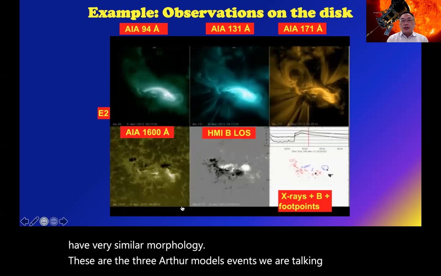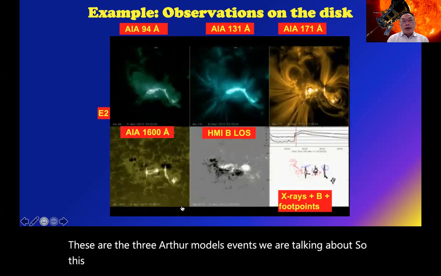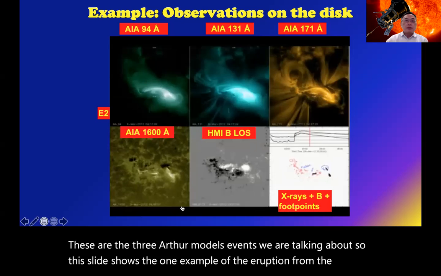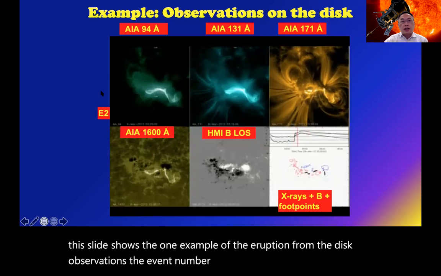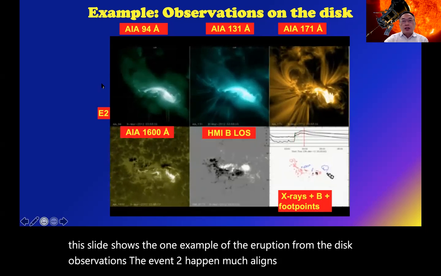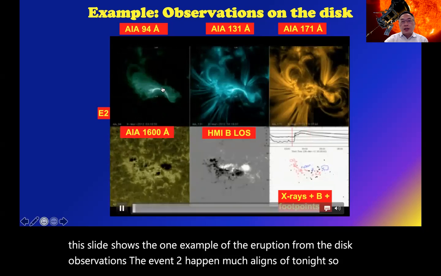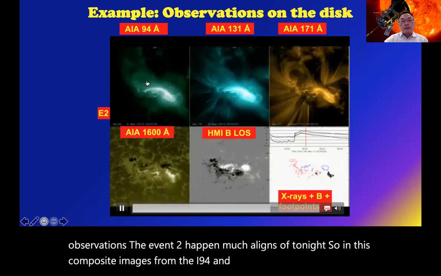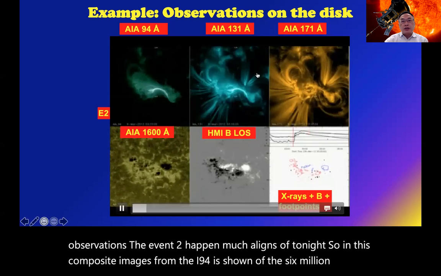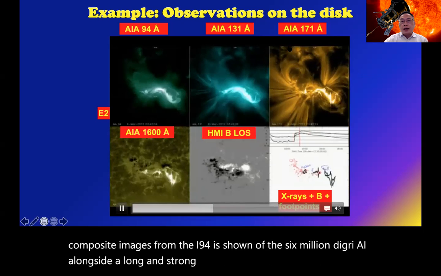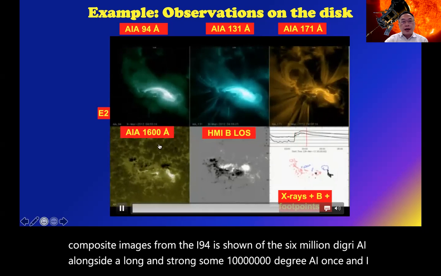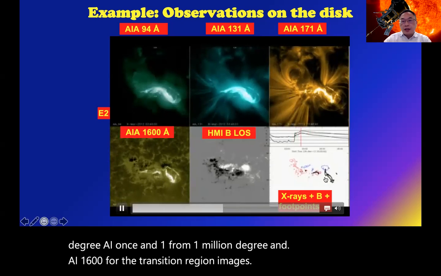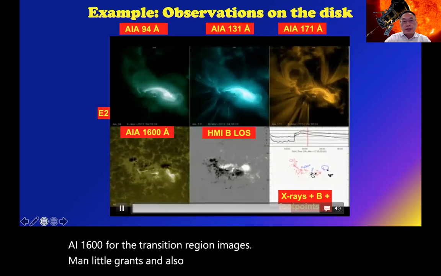So this slide shows one example of the eruption from the disk observations. Event number 2 happened on March 9th of 2012. These are composite images from AIA 94 angstrom at 6 million degrees, AIA 131 angstrom at 10 million degrees, AIA 171 at 1 million degrees, and AIA 1600 for the transition region, along with magnetograms, X-rays, and the ribbons.